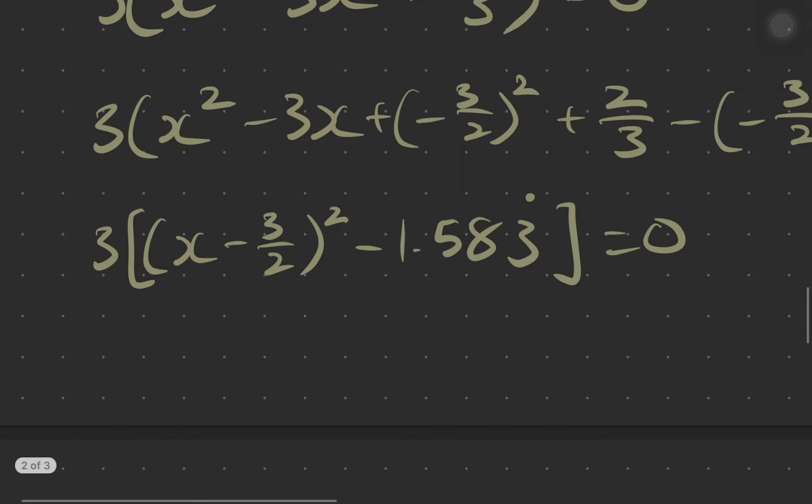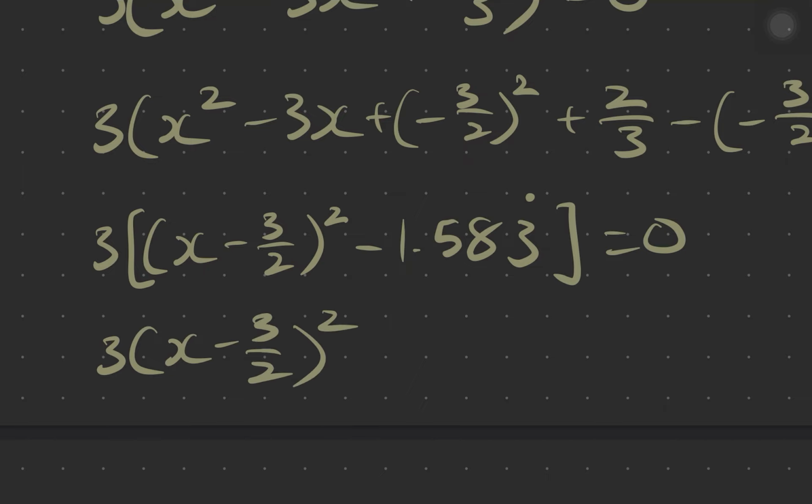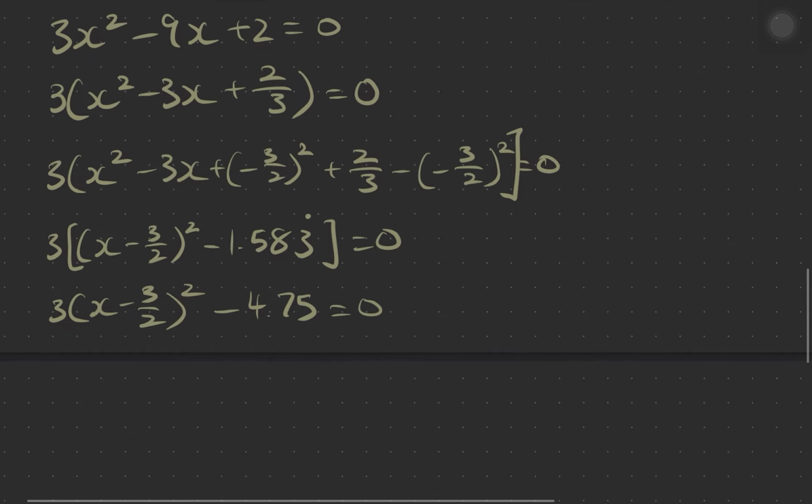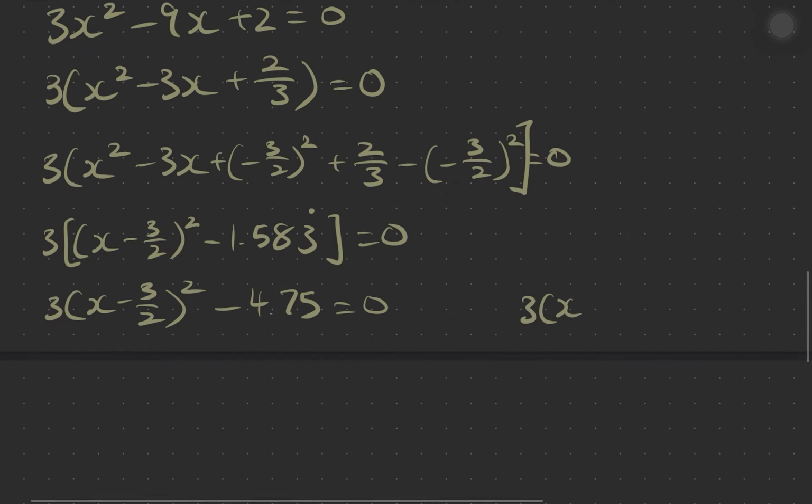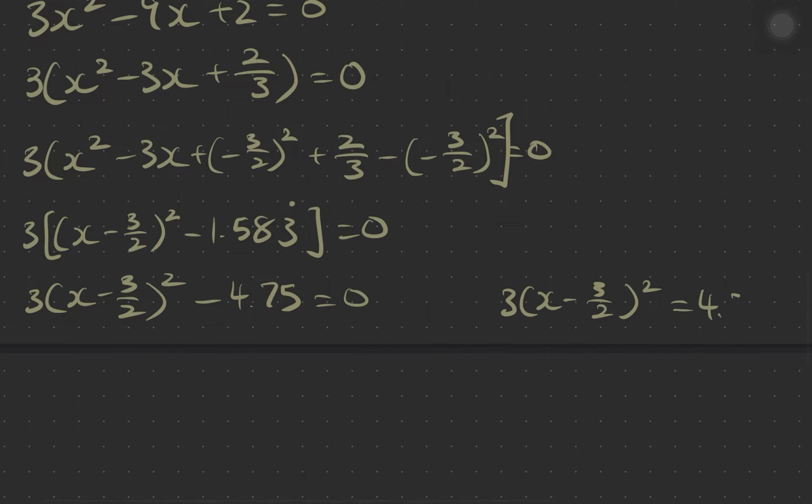After that, I expand everything back, which will give me negative 4.75 equal to 0. You can either leave it like this, or you can leave it like this if you want to.